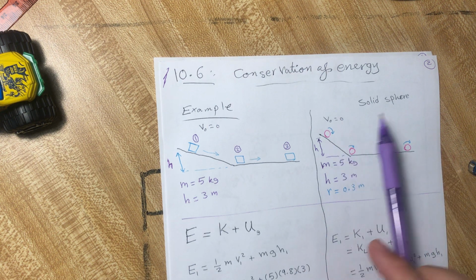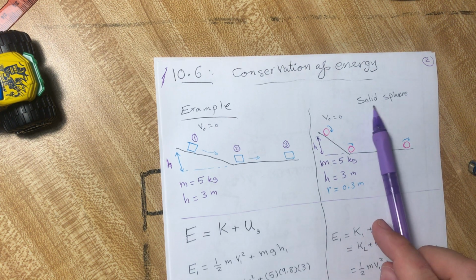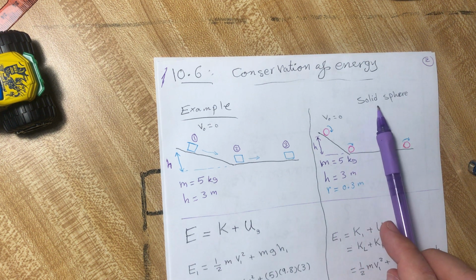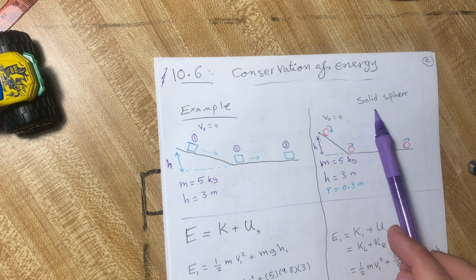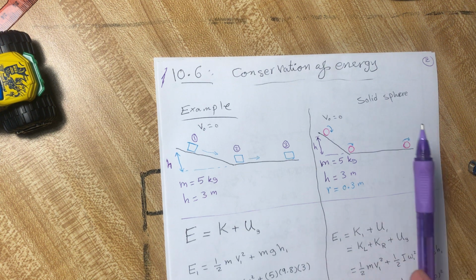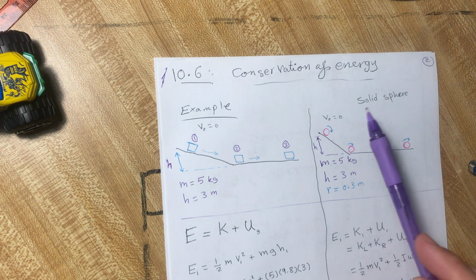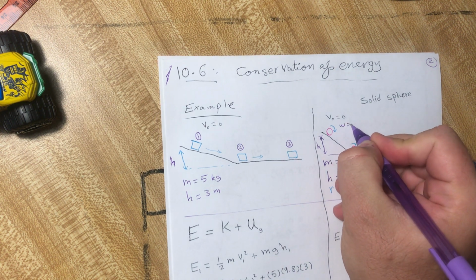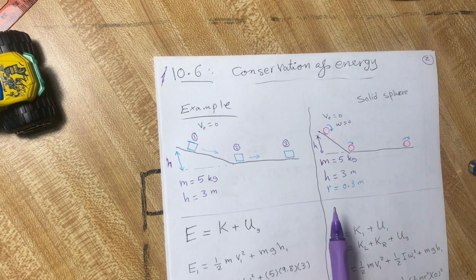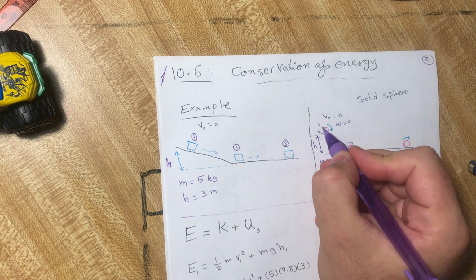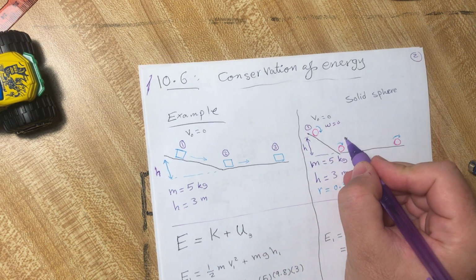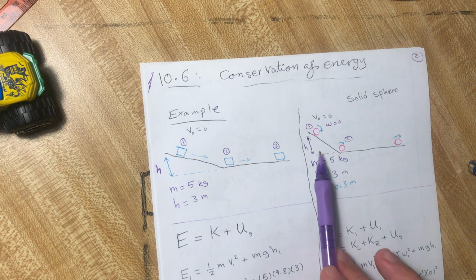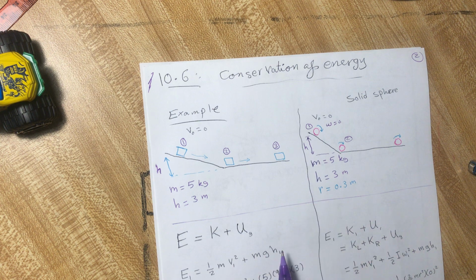Also, we have a ball, a solid sphere. This is important. Sometimes we have a spherical shell, we have a cylindrical shell, but we have a solid sphere here. Its initial velocity is 0, and omega is also 0, at the first point, point number 1. This is point number 1, and this is point number 2. The mass is 5, the same, and the altitude h is also the same.